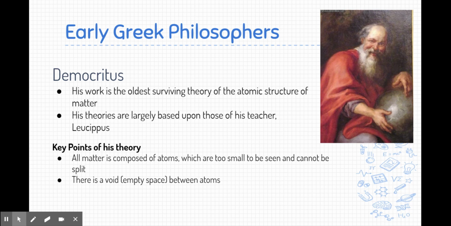One of the really interesting parts of his theory is the idea that there's empty space between atoms. Think about how ingenious this is, because it turns out he is correct. He comes up with this idea that there's this void, a vacuum in between atoms.